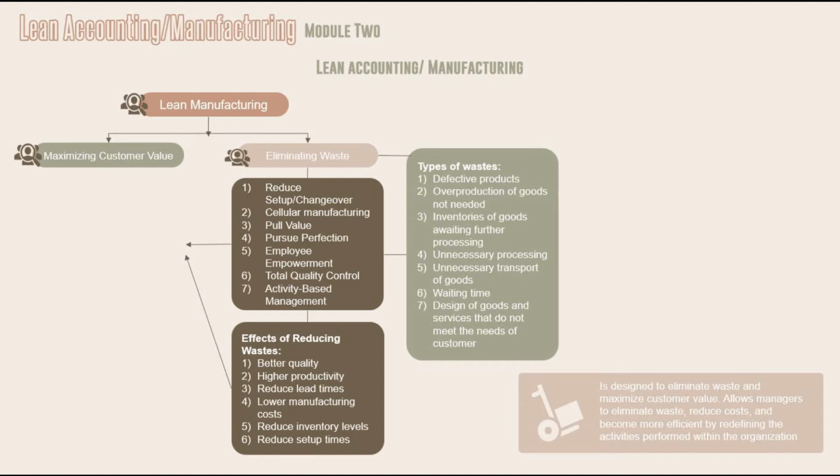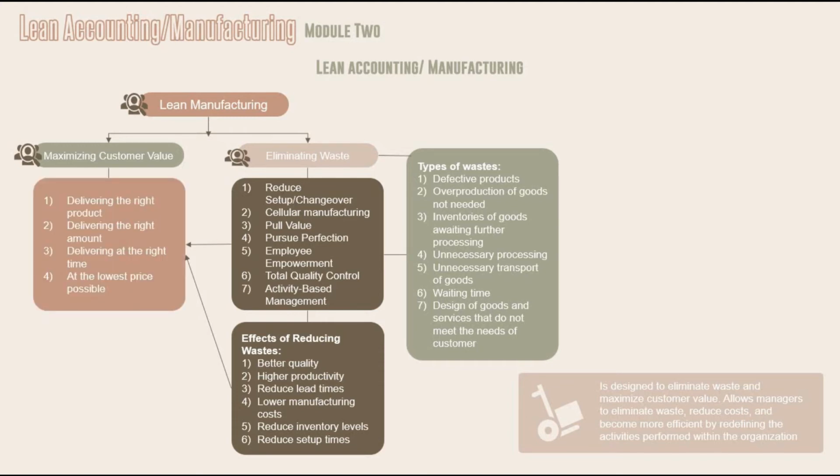Reducing wastes to zero level and continuous improvement are crucial in maximizing customer value, which is the other key point of lean manufacturing. Companies could maximize their customers' value by delivering the right product, delivering the right number of products ordered, delivering goods at the right time, and performing the tasks set at the lowest price possible.